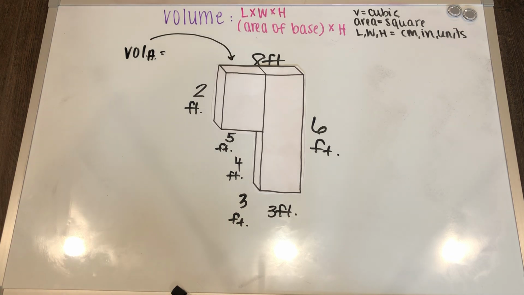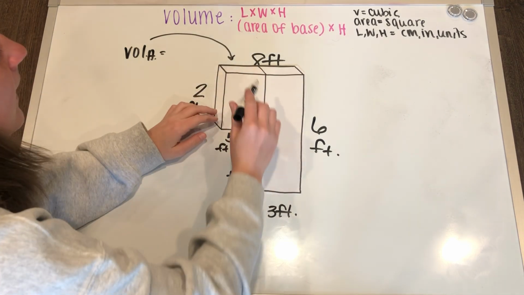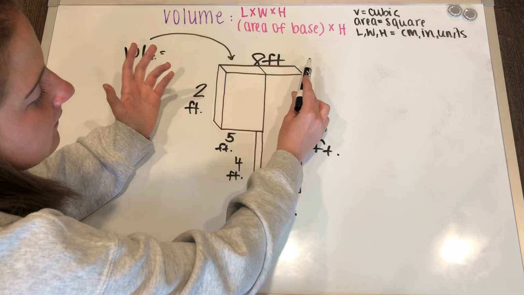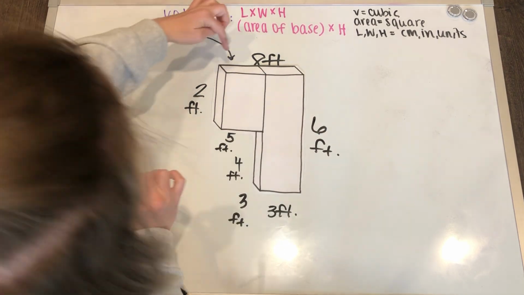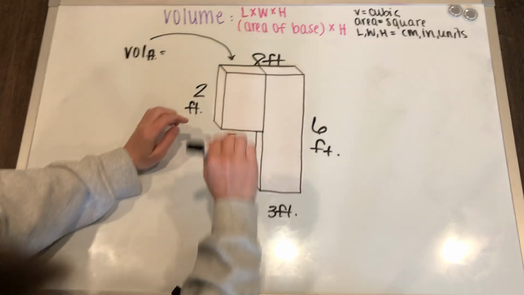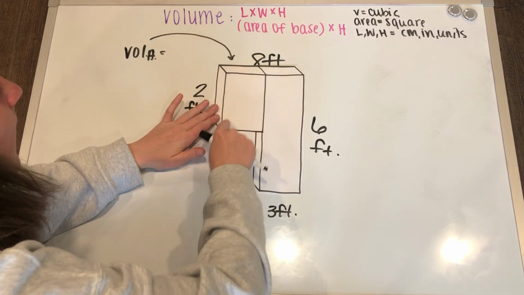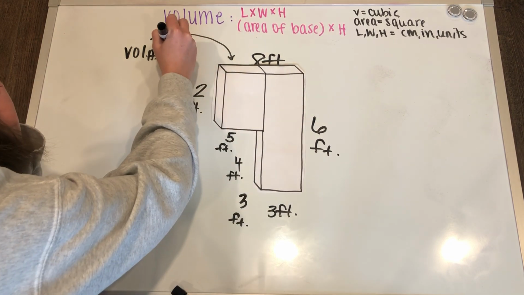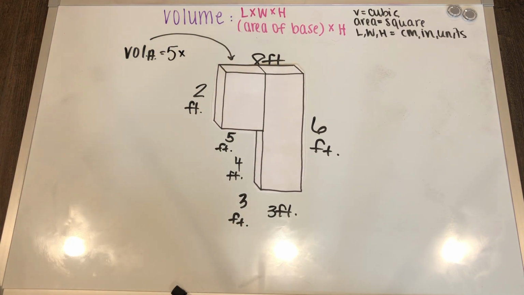Again, there are a lot of different numbers, so it's really important to ask yourself, what is the length, what is the width, and what is the height? So when I'm looking at A, I see, is 8 the length? Well, no, because 8 is the total length, so it can't be the length for just A. So the length for A is 5. Then I say, what's the width?